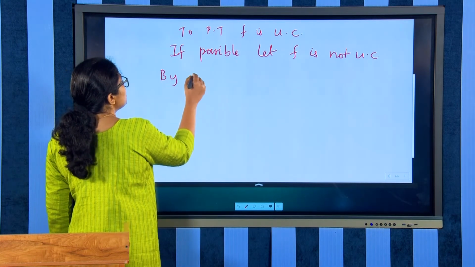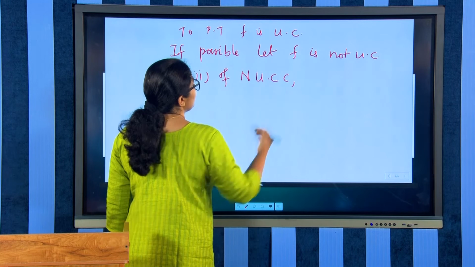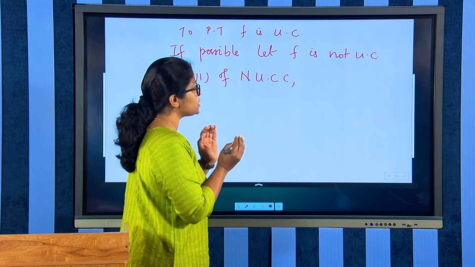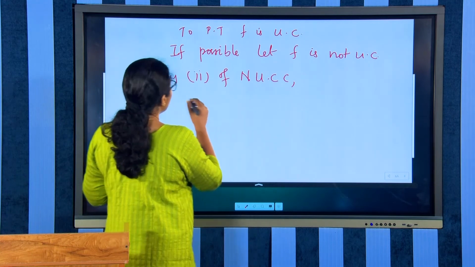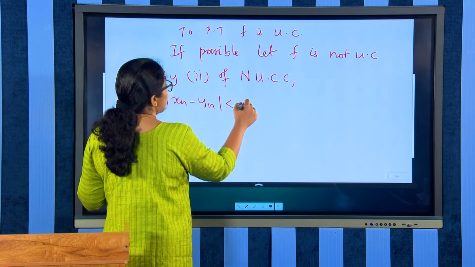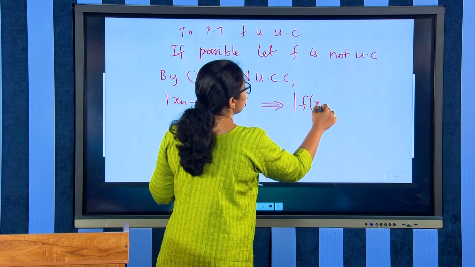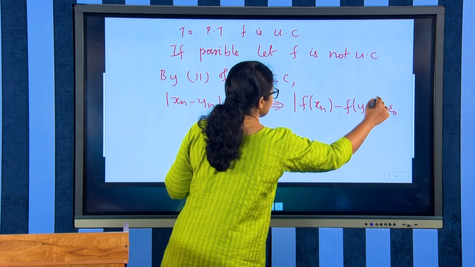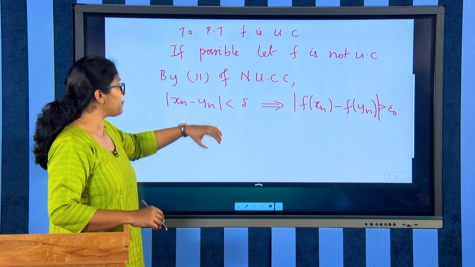Then by condition number 2 of the non-uniform continuity criteria that we have seen just now, there exist two sequences xn and yn such that whenever modulus of xn minus yn is less than delta or 1 by n, this forces modulus of f of xn minus f of yn to be greater than epsilon naught. So that is the non-uniform continuity criteria that we are applying here.